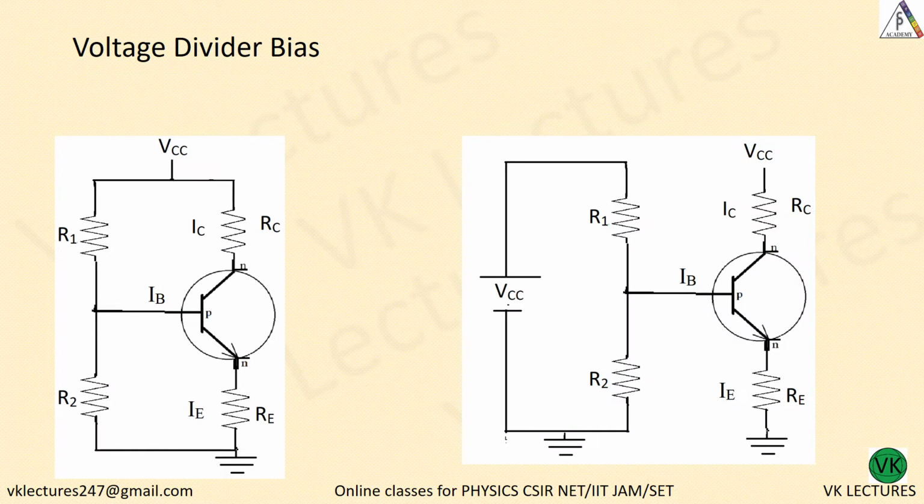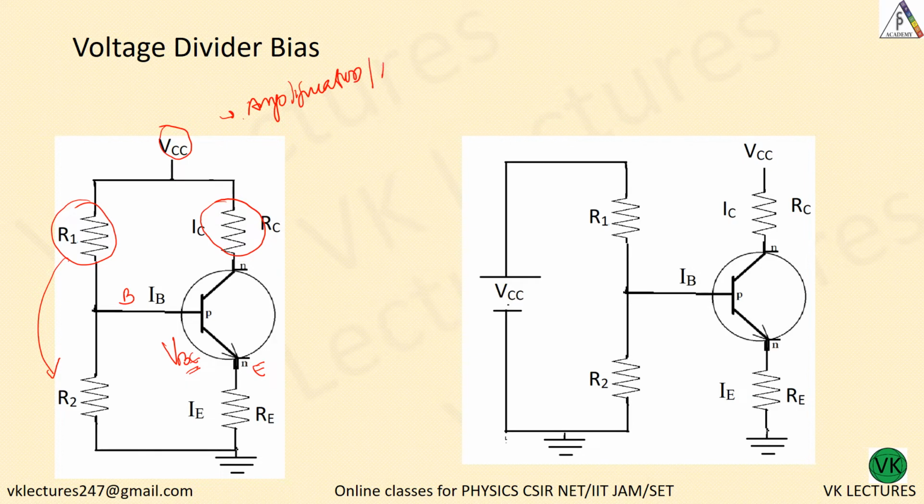See, this is the question, or this is the circuit. You have a VCC and the voltage is being divided across R1 and RC, and in the input side the voltage is fed across R1 and R2, making this VBE, or the condition between base and emitter, such that it is reverse biased, giving way for amplification in the active region.